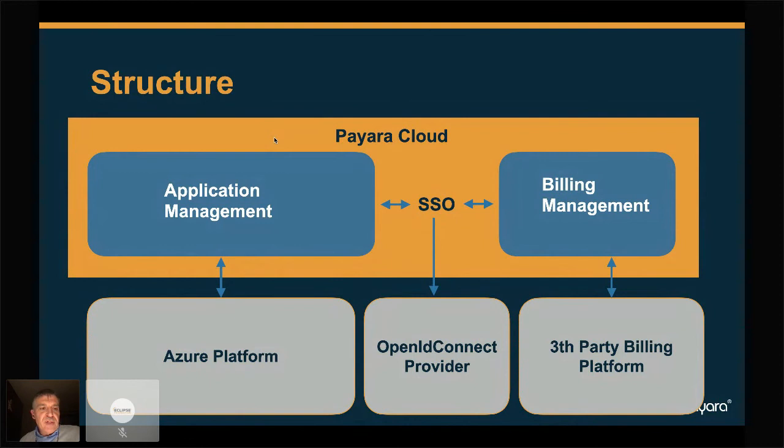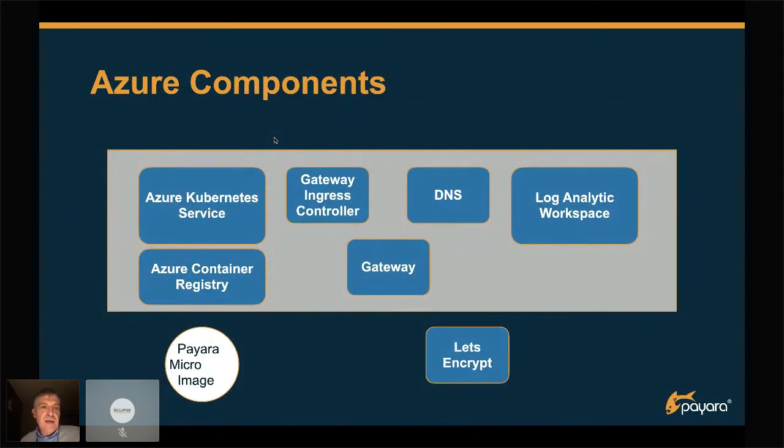But of course, from a developer point of view, there is that application management and that Azure platform. Let's have a look at a few components that we use and some best practices that we have learned, some feedback that we can give anyone who is using Kubernetes directly, in the private cloud or in one of the cloud providers.